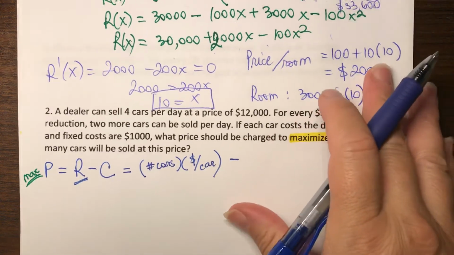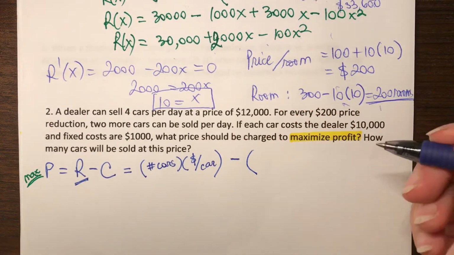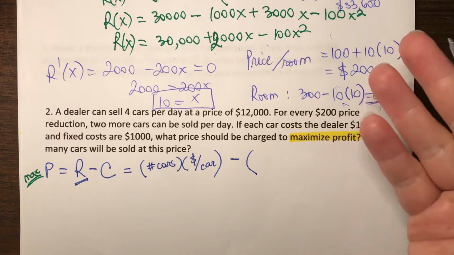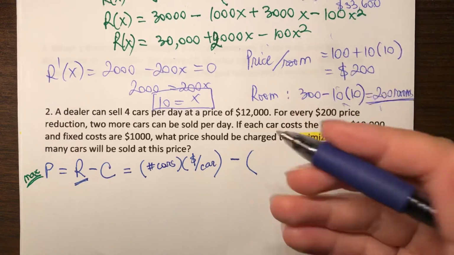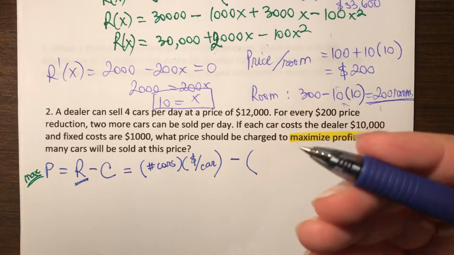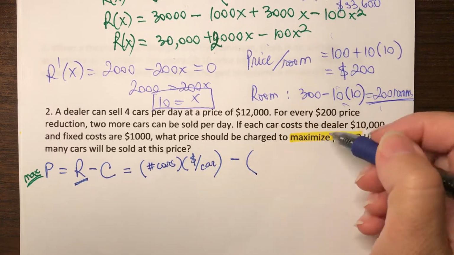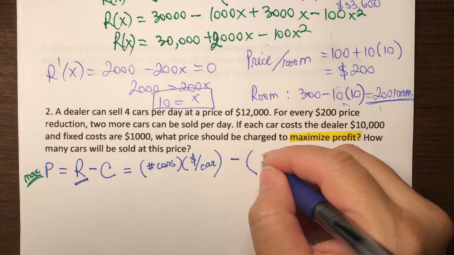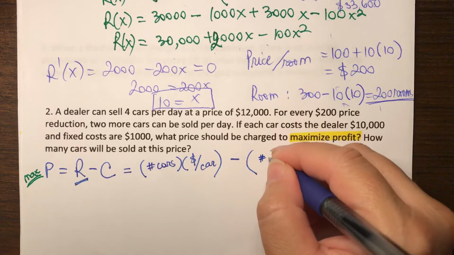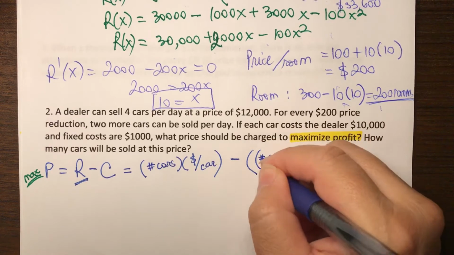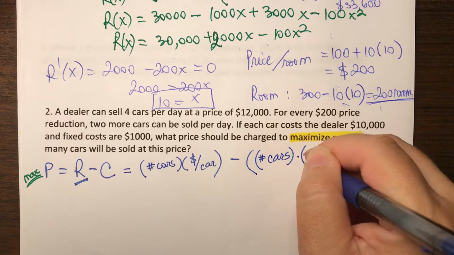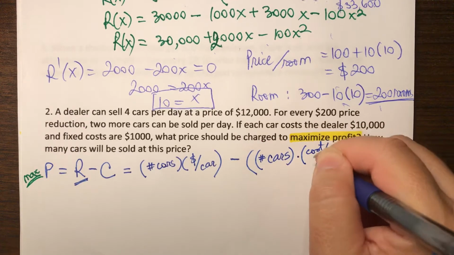And then there's fixed costs. So we always have, not always, but most of the time when we're talking about costs, we have variable costs and fixed costs, right? So what are variable car costs? Number of cars times cost per car.